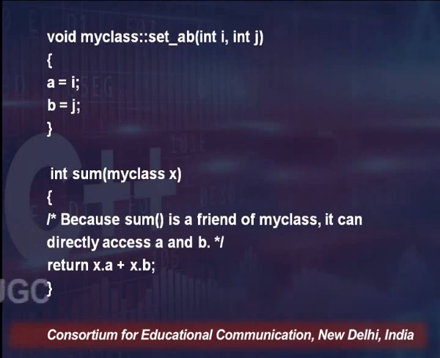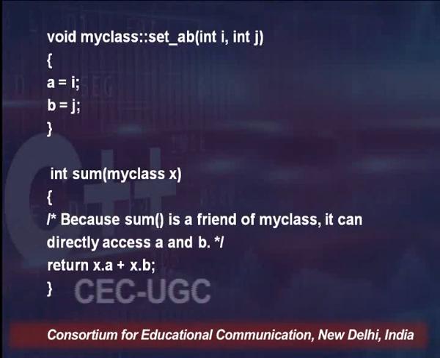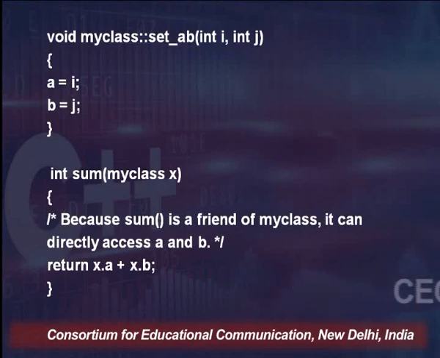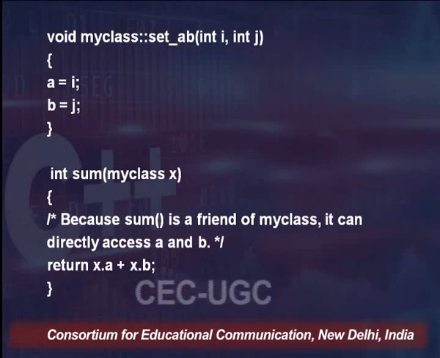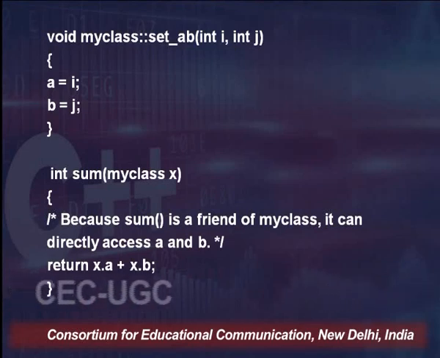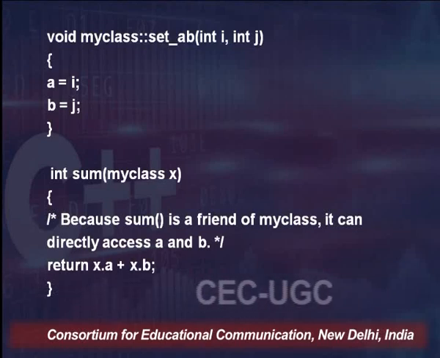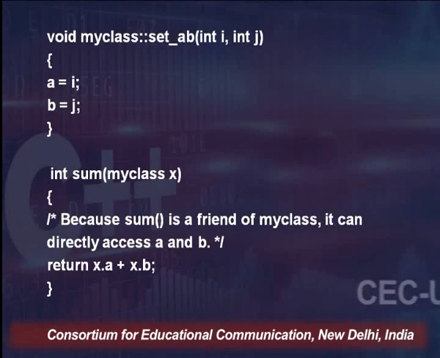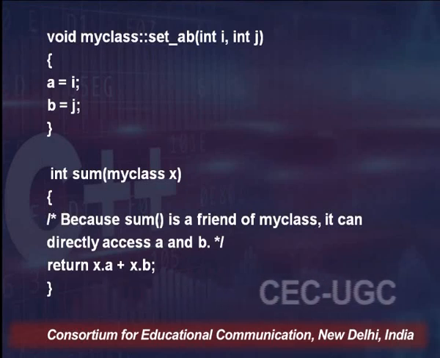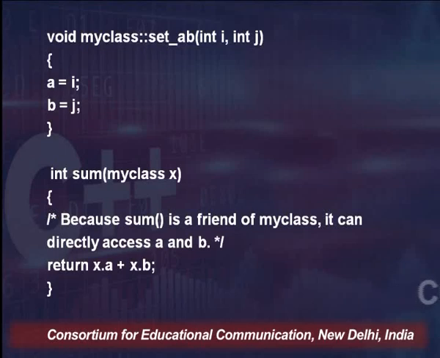So, int sum(MyClass x) is the prototype or signature of the sum function, and because sum is a friend function of MyClass, it is perfectly allowed to access not only public but even the private members of MyClass, which are A and B. So, it is returning x.A plus x.B, where x is the name of the object which is being passed in the parameter list of sum.